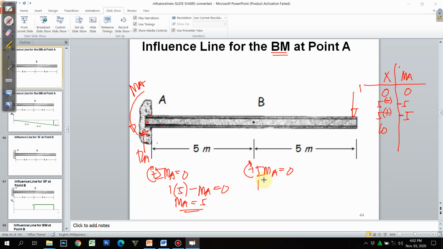Therefore, that is 1 times 10 minus ME is equal to 0. Hence, ME is equal to negative 10.